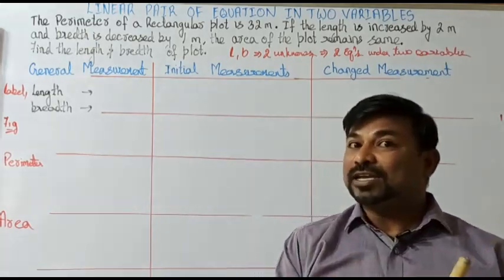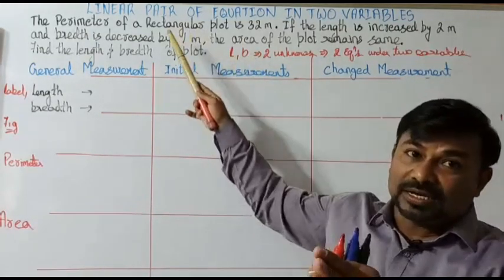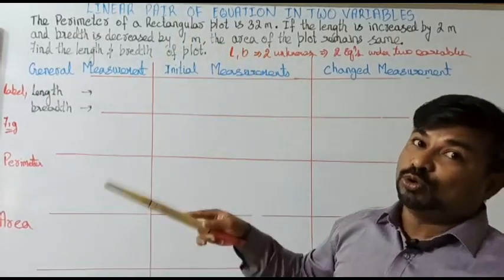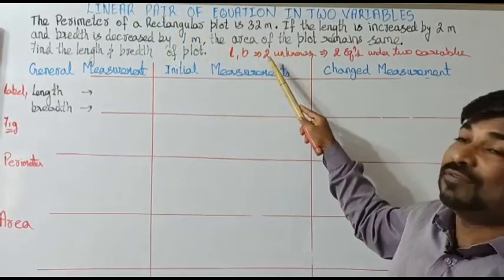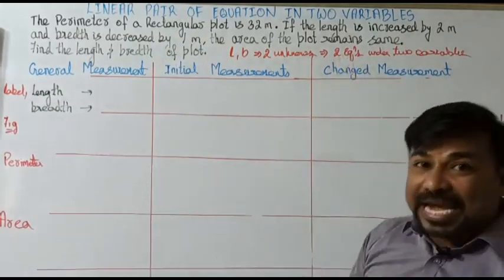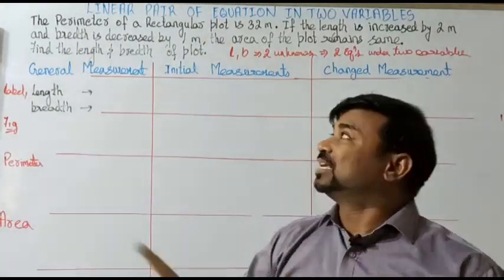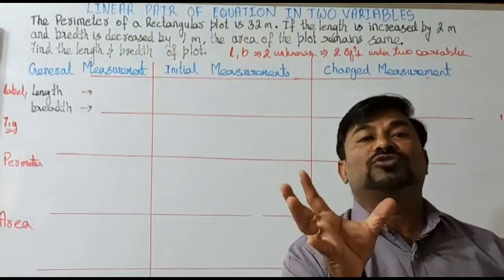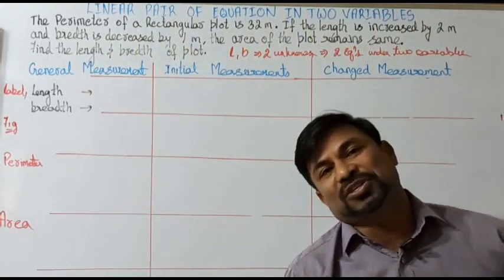Whenever we need to find two variables, here the labelings are length and breadth, we need to find two. So when we have two unknowns, we should get two equations. With the given data, we have to set two equations.